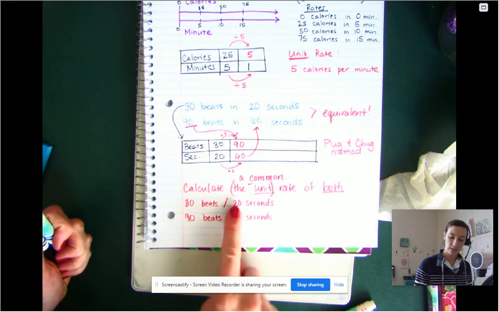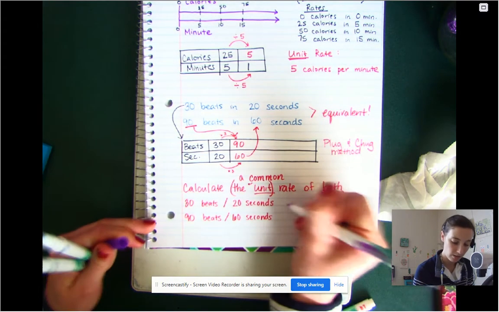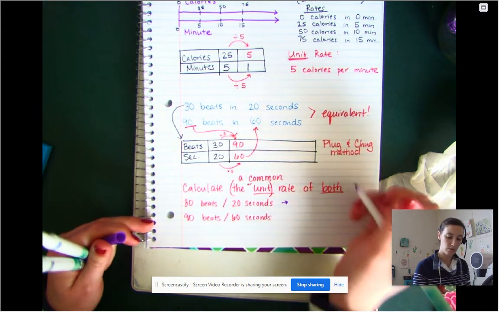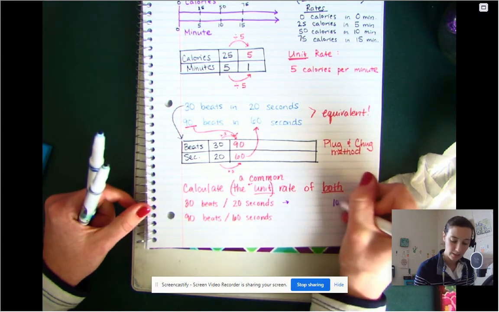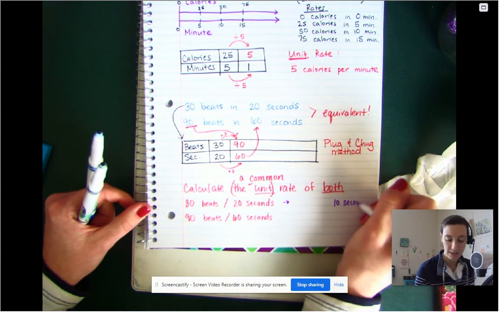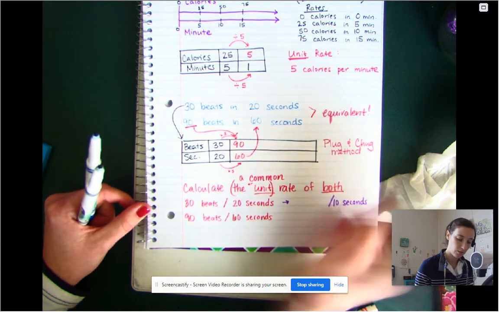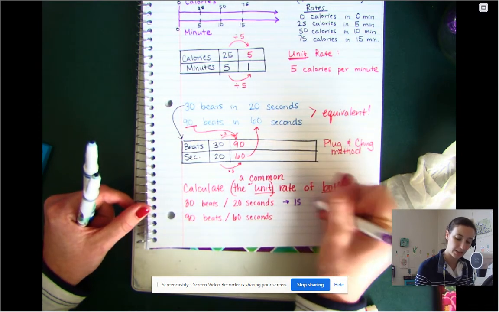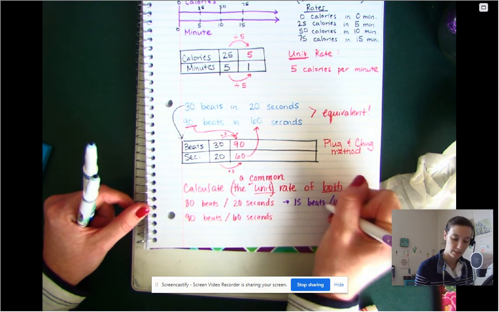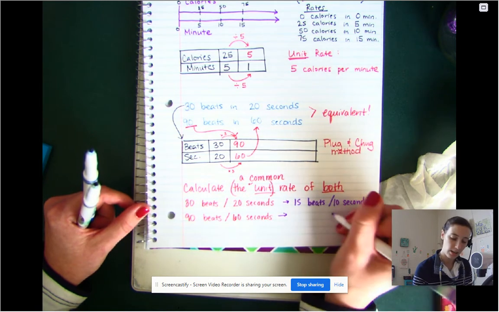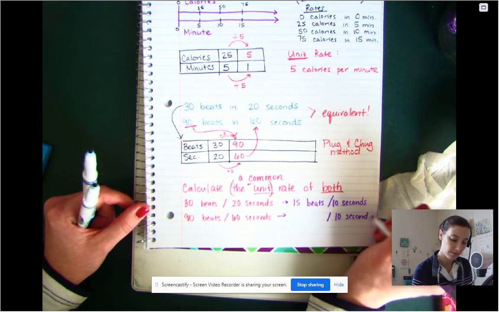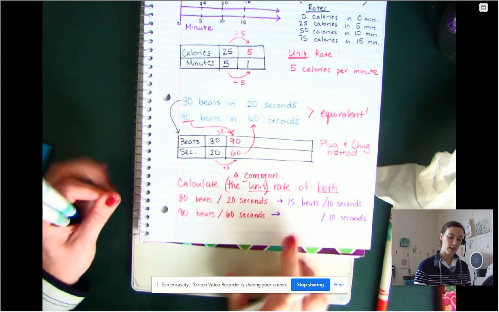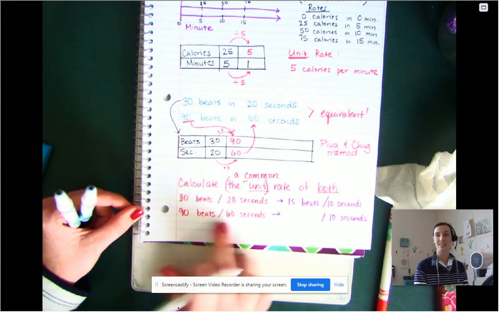So I'm looking at this one here. If I was going to do 10 seconds, that would be half as many beats. So that would be 15 beats in 10 seconds. To look at this one here, if I was going to look at 10 seconds, I would say, all right, it will be 1/6 as many beats.